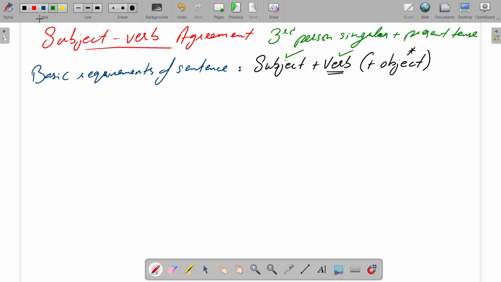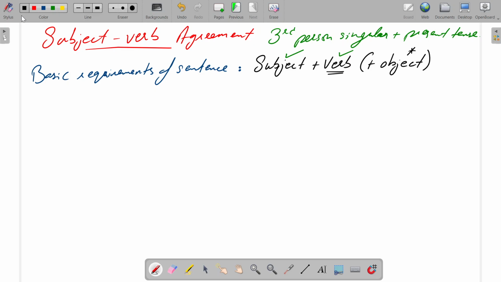Now, which part of speech does the subject belong to? What do you mean by part? Part of speech, right? You've got nouns, pronouns, adverbs, adjectives, conjunctions, prepositions, interjections.